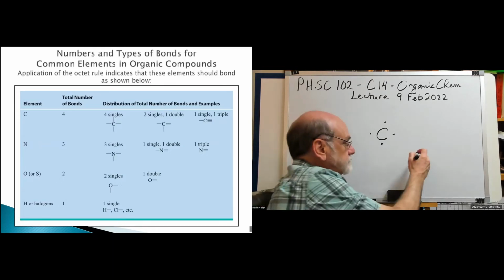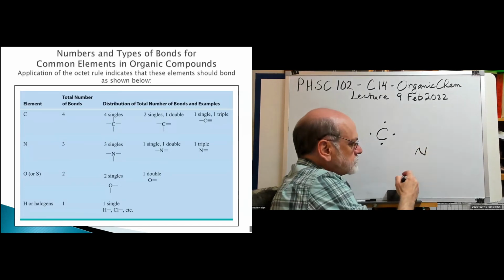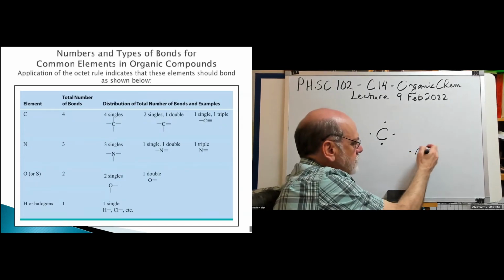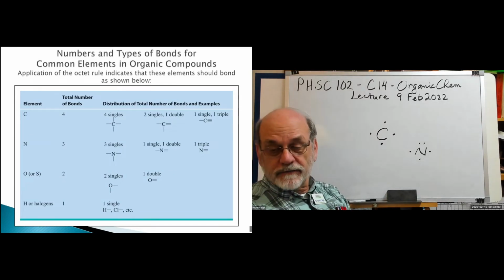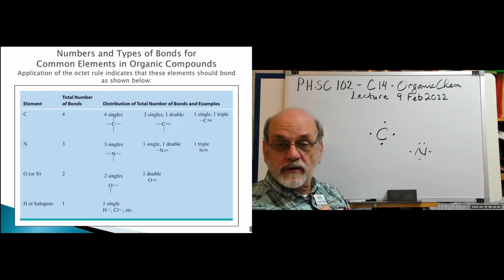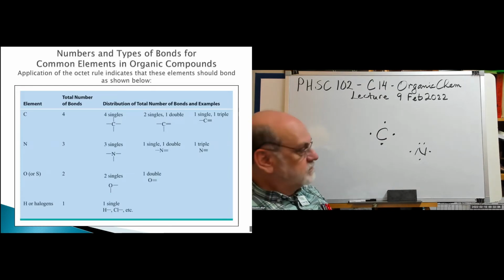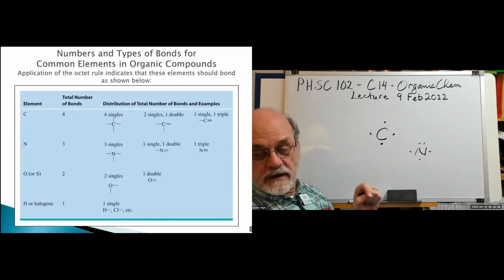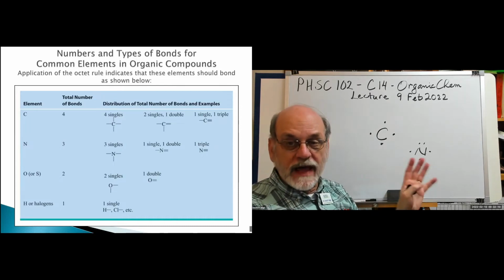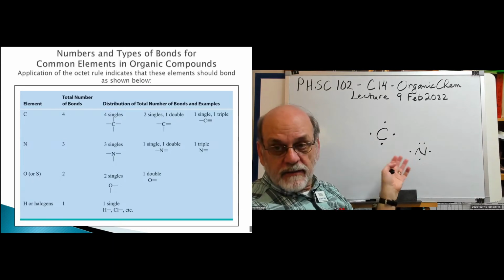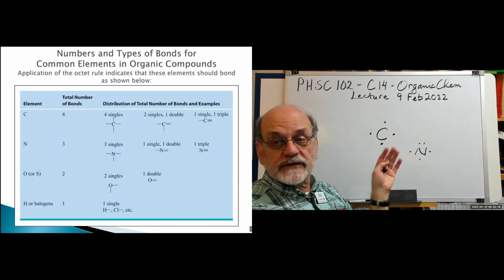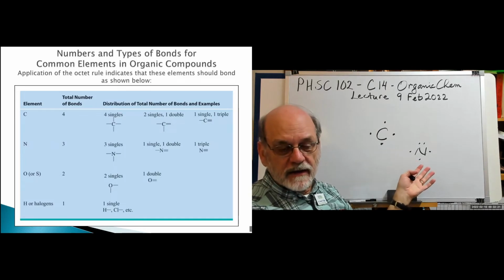Whereas nitrogen already has 5 valence electrons, so it only needs 3. That's why 3 bonds are characteristic of nitrogen in any of these organic compounds. And you can make the same argument for oxygen, which only needs 2 electrons to complete its octet.